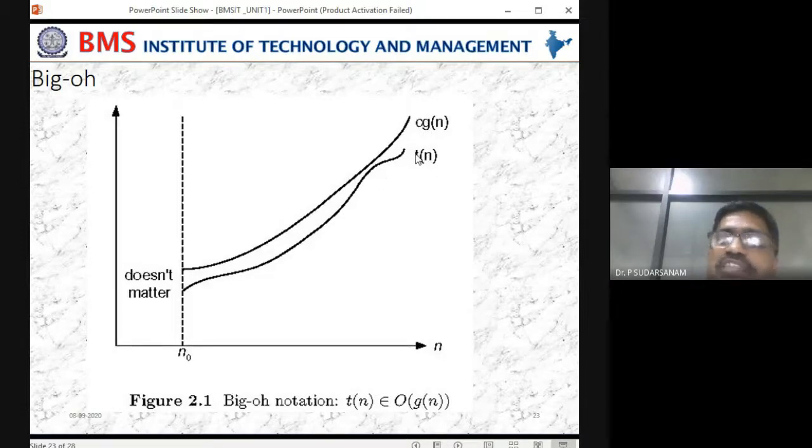So this function multiplied with this is less than or equal to n. T of n belongs to order of g of n. That is the example I gave with respect to mathematics. Now, when writing the inequality, either less than or greater than, what you need to remember is T of n is less than or equal to c into g of n.